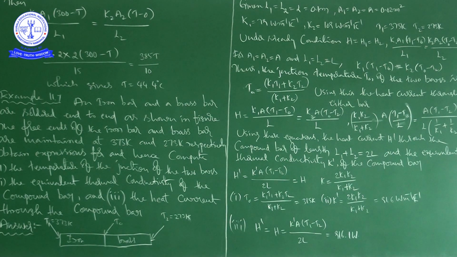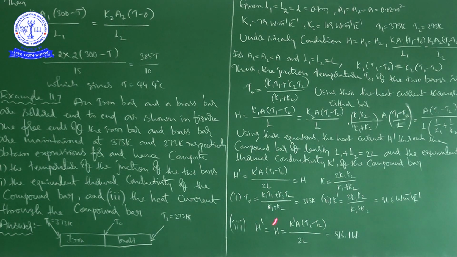Next, the second one: K dash, that is the equivalent thermal conductivity of the compound bar, 2K1 K2 by K1 plus K2. K1 is 79 and K2 is 109. You just substitute the values: 2 into 79 into 109 divided by 79 plus 109, which gives 91.6 watt per meter per Kelvin.